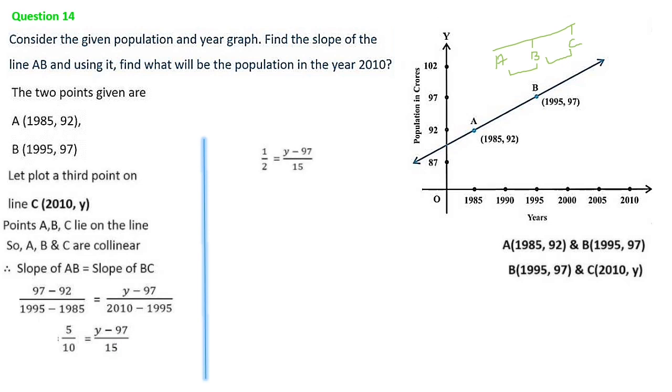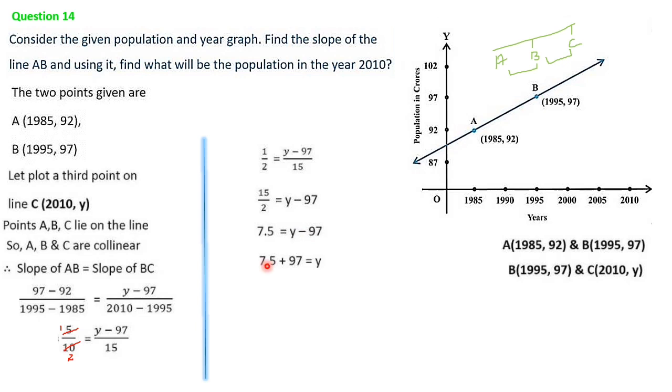Then 5 and 10 we can cancel. It is 1 by 2, so 1 by 2 is equal to y minus 97 by 15. Then bring this 15 across, cross multiplication. So 15 by 2 is equal to y minus 97. 15 by 2 is 7.5, so 7.5 is equal to y minus 97.